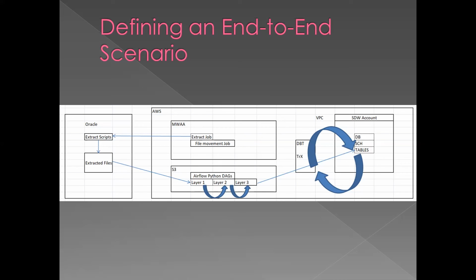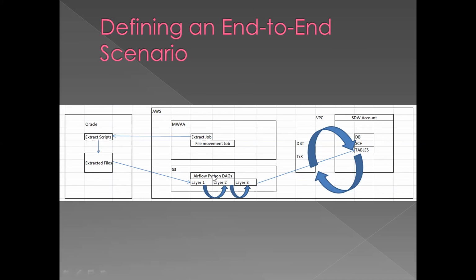So there are multiple steps in the Apache Airflow job. This DAG starts with the trigger of the extract job, right? So there are multiple DAGs. The first DAG will trigger these extract jobs in Oracle, and this will run the extract scripts, and these will export the data into a local folder in their on-premise system.